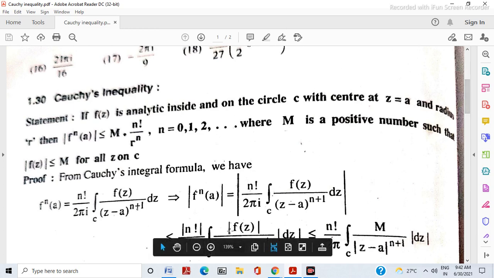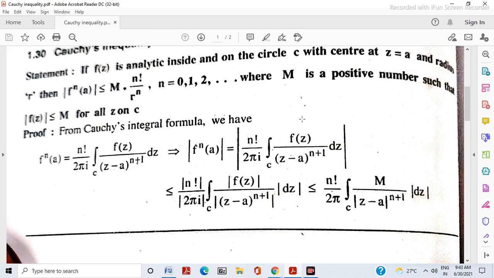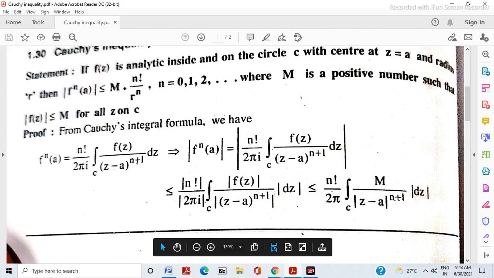But it is given that modulus of f(z) is less than or equal to M, so we can substitute that. And one more substitution: C is a circle with the center at a and radius r, so the equation is modulus of z - a equals r. Then the denominator we can write as r^(n+1) into modulus of dz.